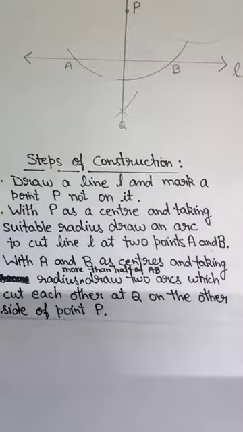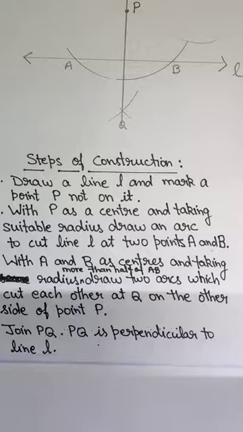PQ is perpendicular to line L. This is the perpendicular when the point is given outside the line.